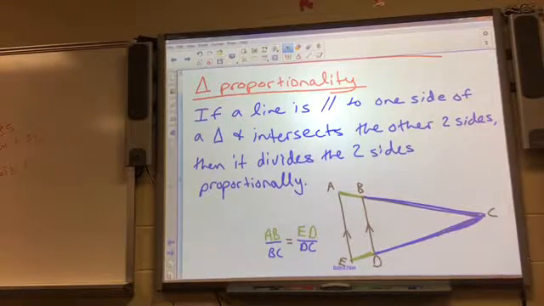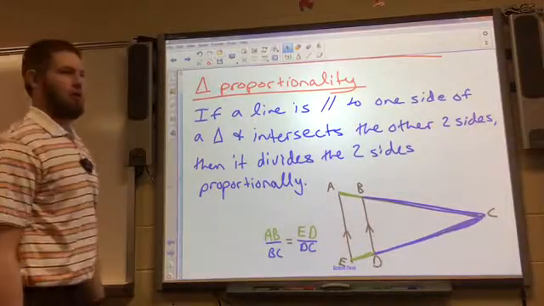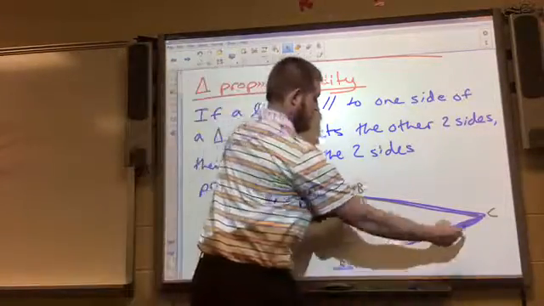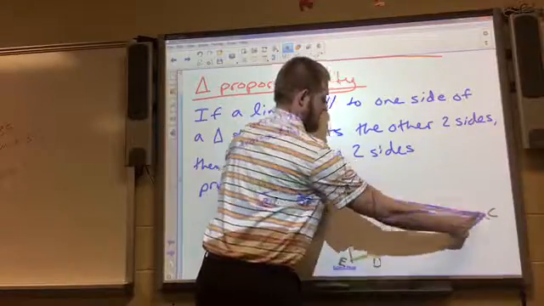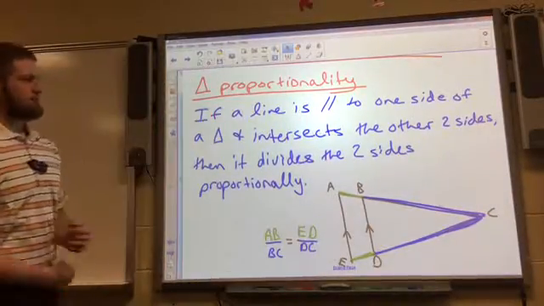In that case, this proportion wouldn't work, right? So just be careful. Make sure your lines are parallel. If your lines aren't parallel, you're probably going to want to do the entire sides of the two triangles.